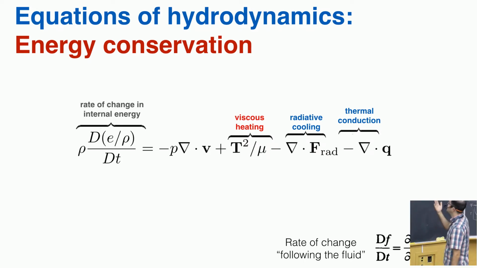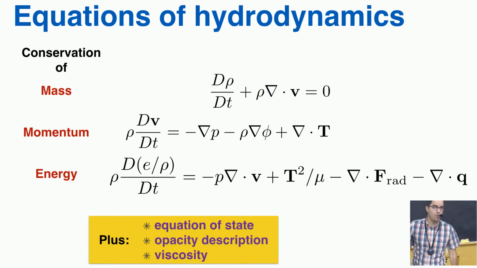In this case, what could be cooling your fluid could be radiation, emission of electromagnetic waves, and also thermal conduction. And so we have the three conservation equations of hydrodynamics that you need to characterize a fluid. It's a thermodynamic description of the fluid, okay?